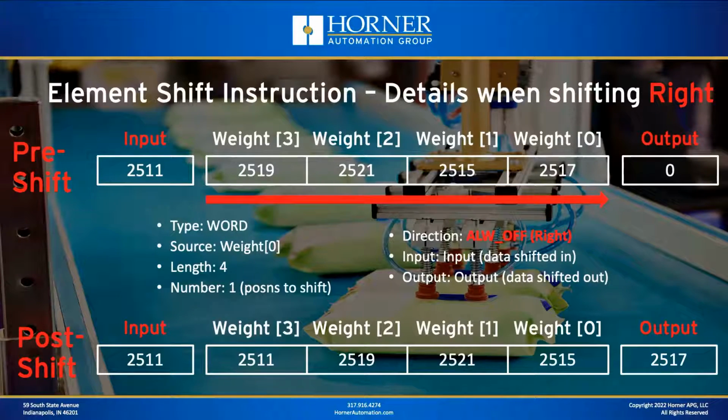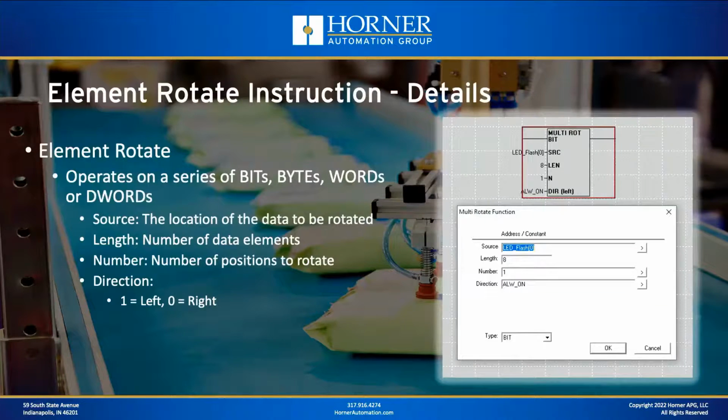Basically, the input variable is now copied to the last position, or the leftmost position in the shift register, and the value that fell off, which happened to be the rightmost element, got copied to the output register. So there at the bottom you can see what things look like after the shift.